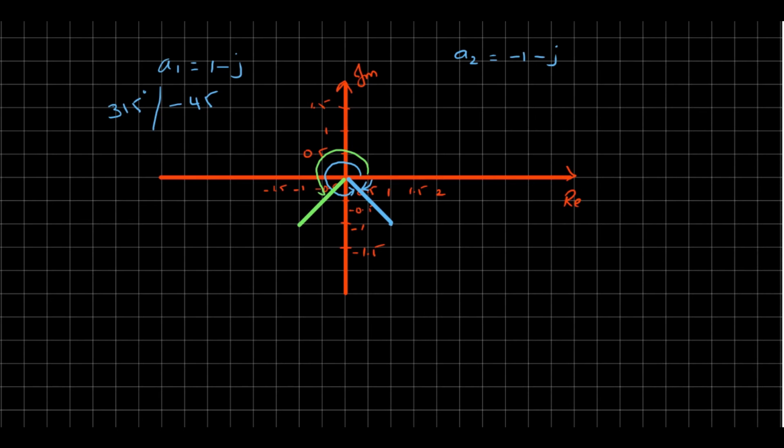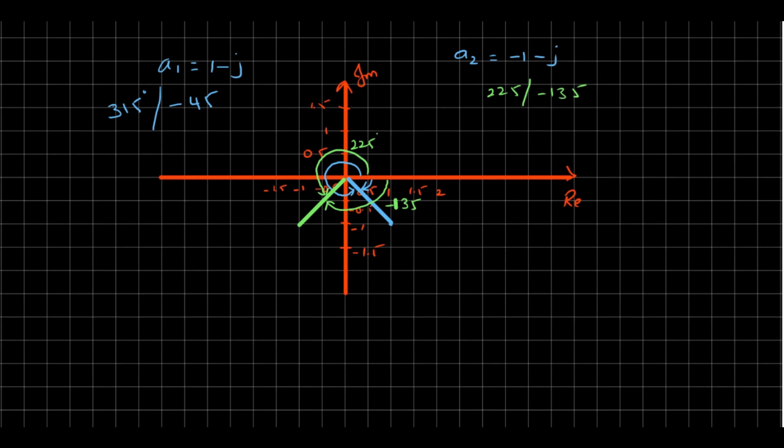The clockwise, positive representation is 225 degrees, or you can evaluate the same thing as negative, which is minus 135. So the phase of the second complex number is 225 or minus 135.